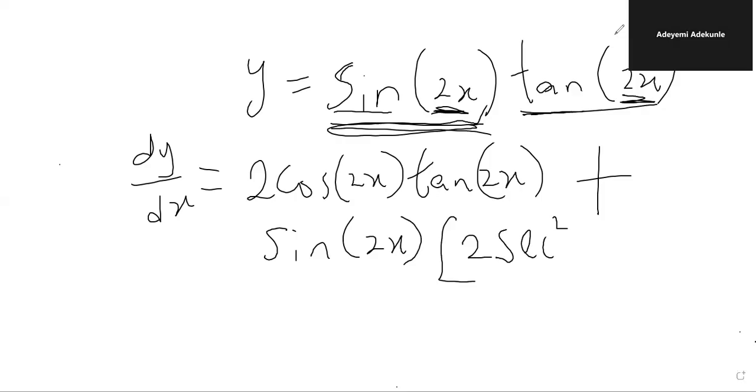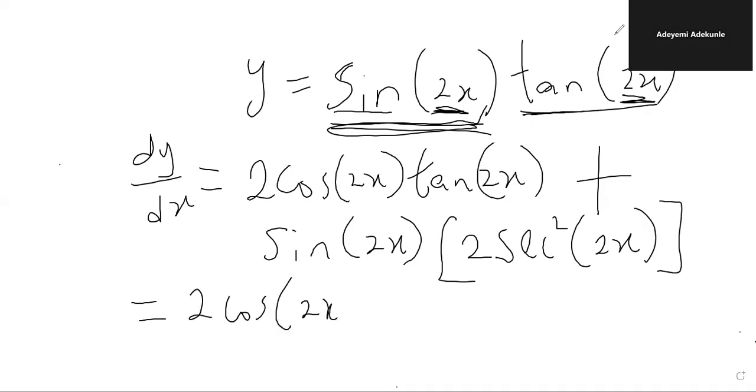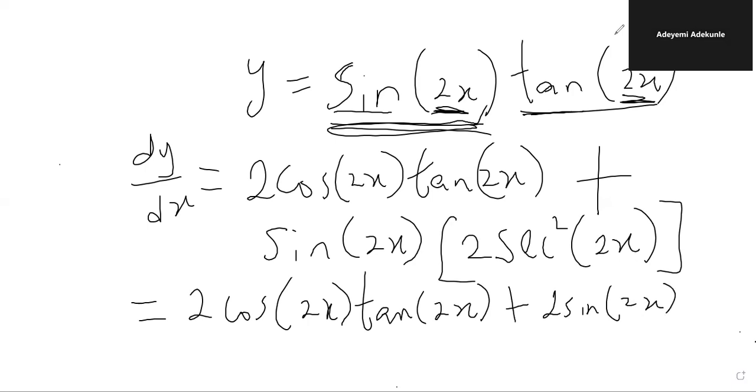So that will be sec squared 2x. In general, I can write it as 2 cos 2x tan 2x plus 2 sine 2x times sec squared 2x. So that's all we have for that.